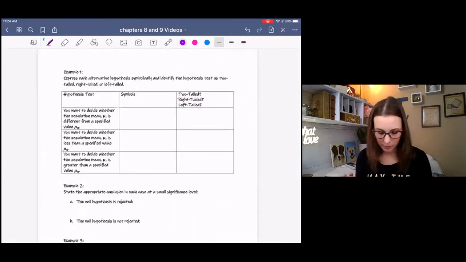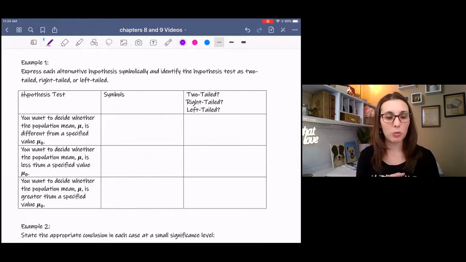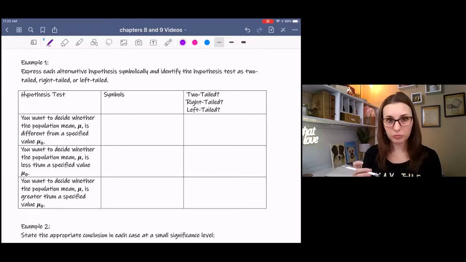So I have an example here, using the symbols, of what you might see. Express each alternative hypothesis symbolically, and identify the hypothesis test as two-tailed, right-tailed, or left-tailed. In the first example, you want to decide whether the population mean is different from the specified value.